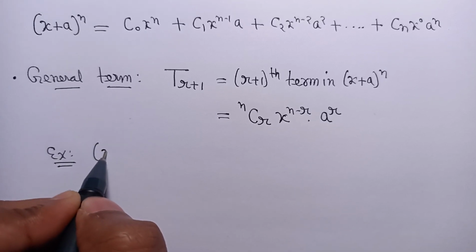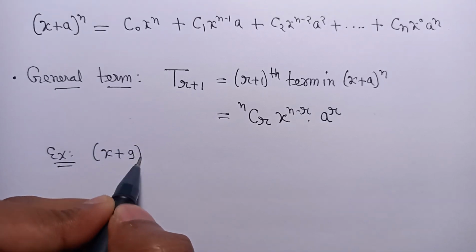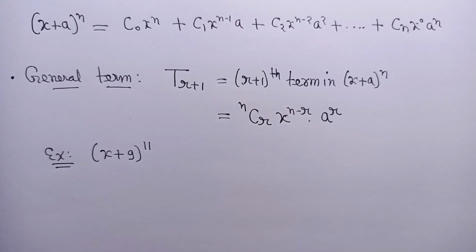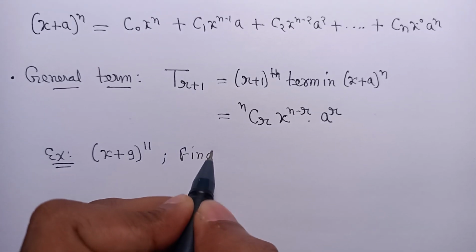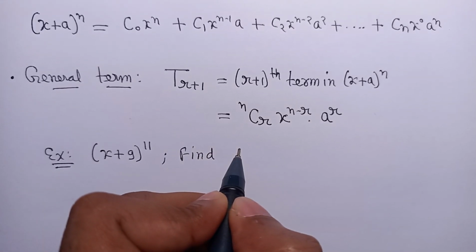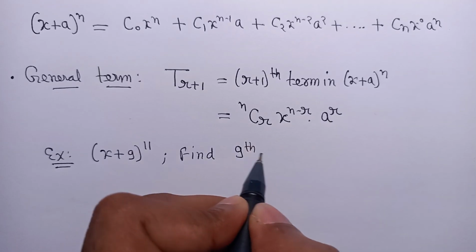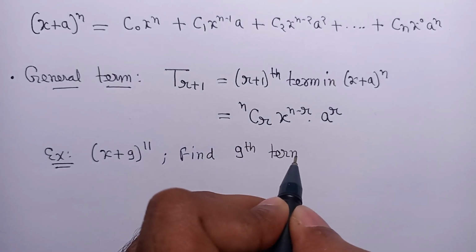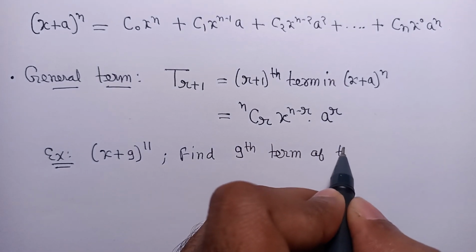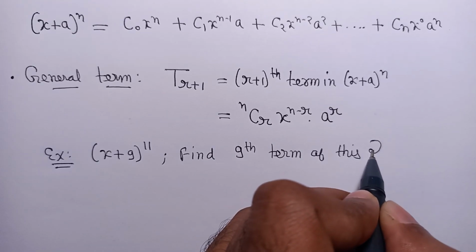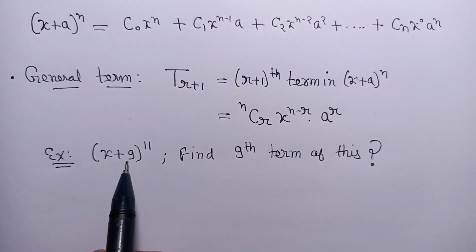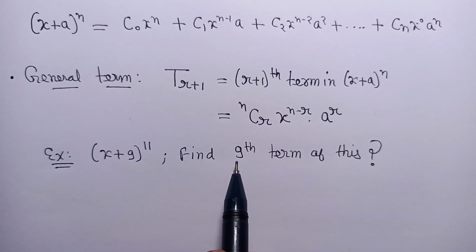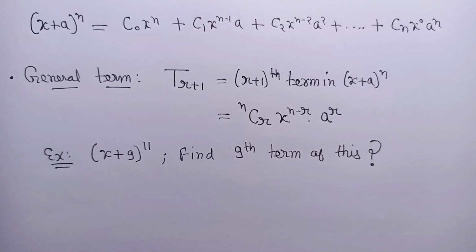Okay, so for example, suppose you have (x + 9) whole power 11, and they are asking to find the ninth term of this. So you have this expression (x + 9)^11, and they are asking for the ninth term of this expansion.